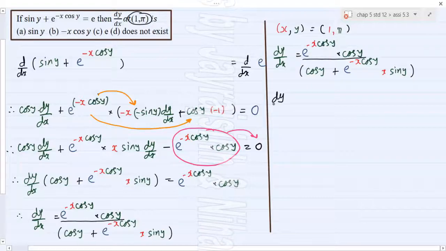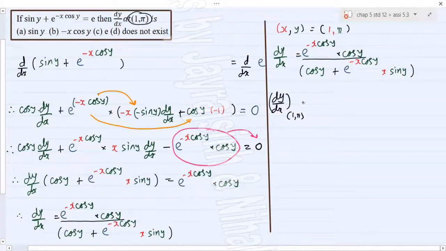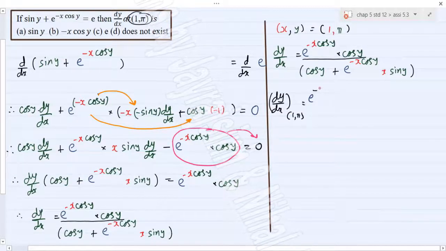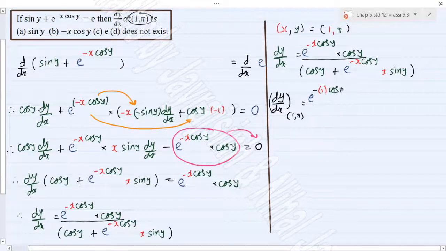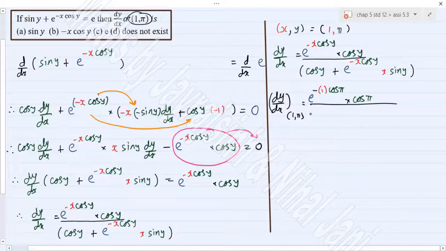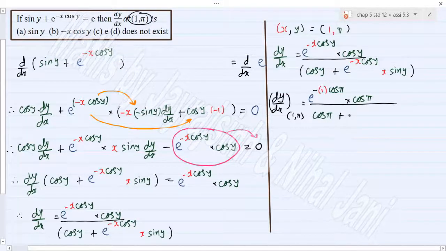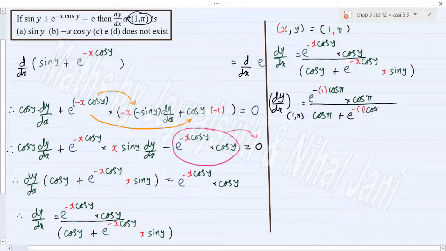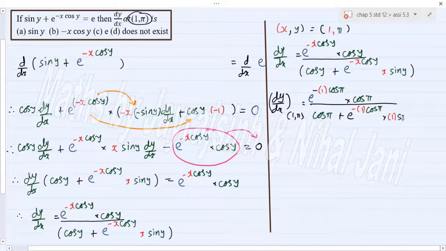So you will get your dy by dx at the point (1, pi): e raised to minus x will be 1 and cos pi into cos pi upon cos pi plus e raised to minus of x and cos pi again into your x is 1 and sin pi.